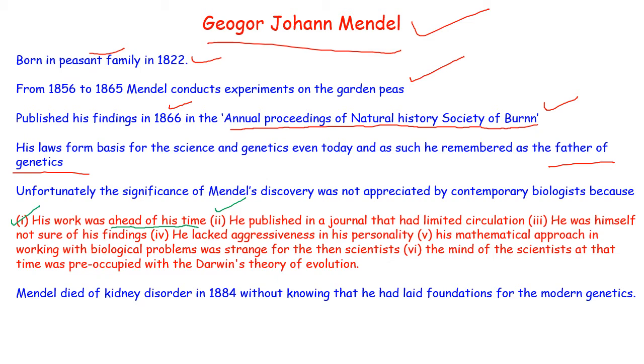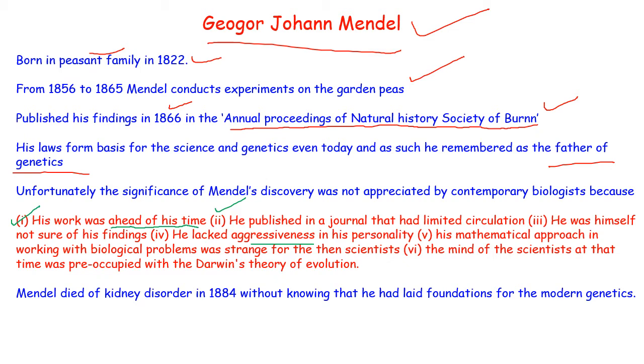Third, he was himself not sure of his findings, so he did not struggle to discuss them with the contemporary biologists. Even when he tried a few times, he failed. Fourth, he lacked aggressiveness.